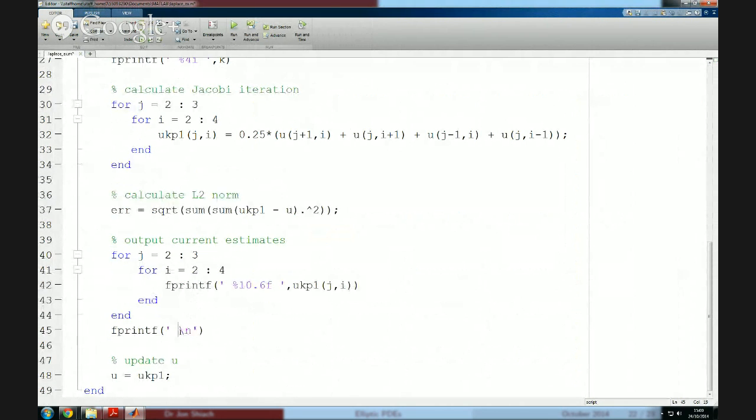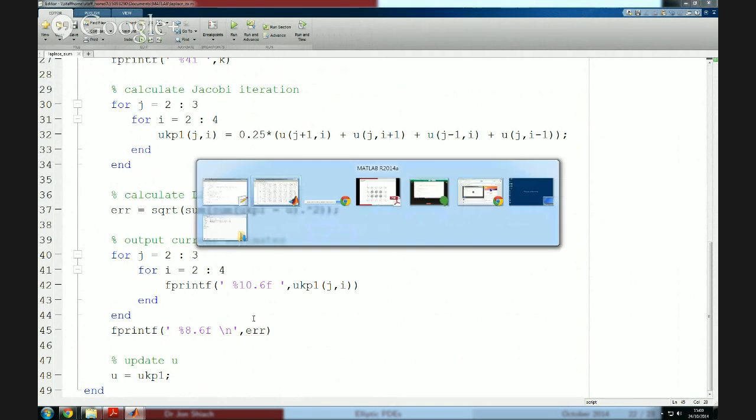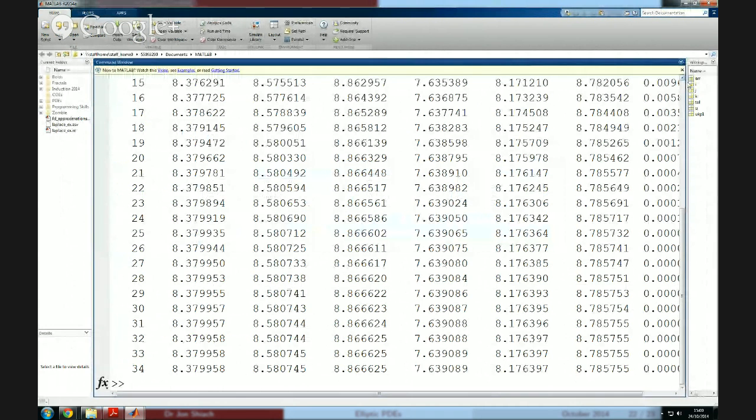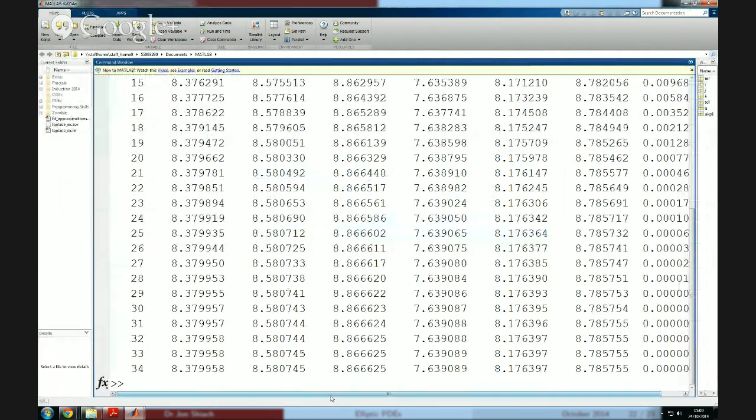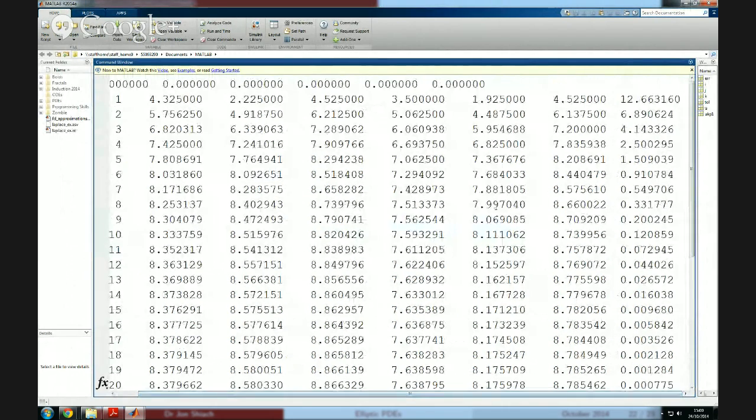I could do that here, 8.6F. Let's output the error. I'm going to have to go up a bit. So this on the far right column is my L2 norm. This is a measure of how close I'm getting.